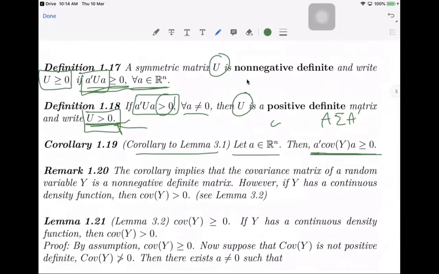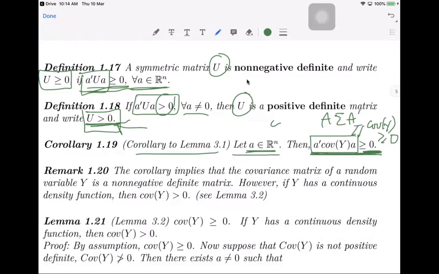So what does this imply? If you have an n-dimensional A, and you post-multiply with the covariance of Y and A, it is still non-negative. This implies that your covariance of Y is also non-negative.